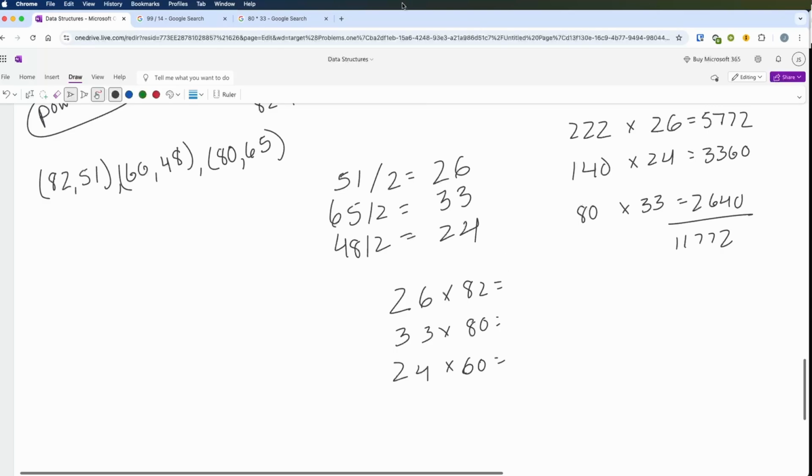So let's do 26 times 82, 2132. 33 times 80 equals 2640. And then 4 times 60, 240.